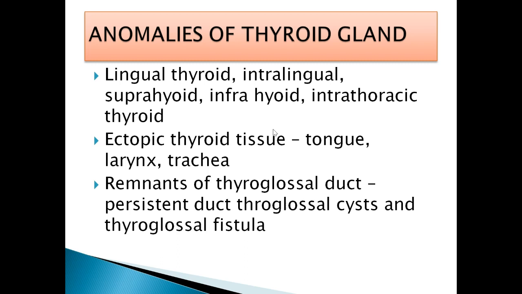The thyroglossal duct disappears except the cephalic opening that will persist as the foramen cecum of the tongue. That is the normal development. If it persists in the middle also, that will cause the thyroglossal cyst or thyroglossal fistula. Cyst means it is closed, fistula means communication to the exterior or to the interior.